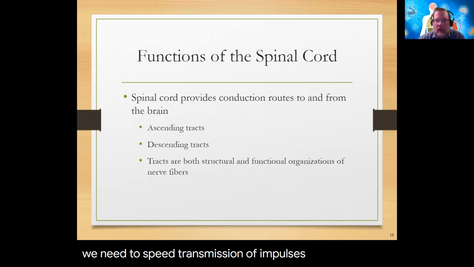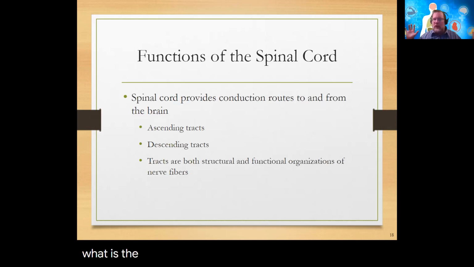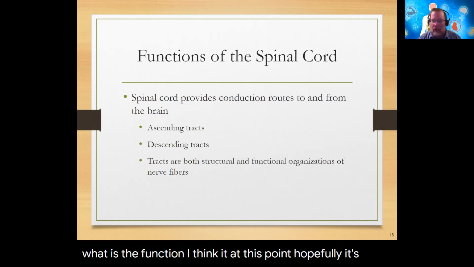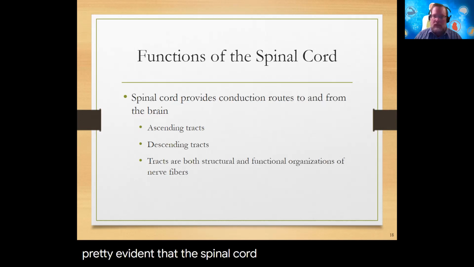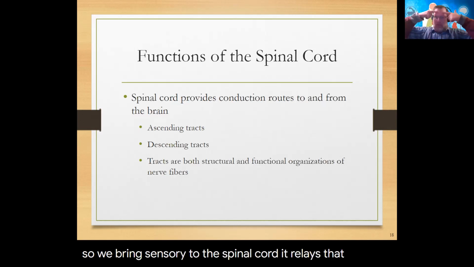Okay, so why do you have a spinal cord? What is the function? Hopefully at this point it's pretty evident that the spinal cord is basically a relay station. So we bring sensory to the spinal cord. It relays that information to the brain.